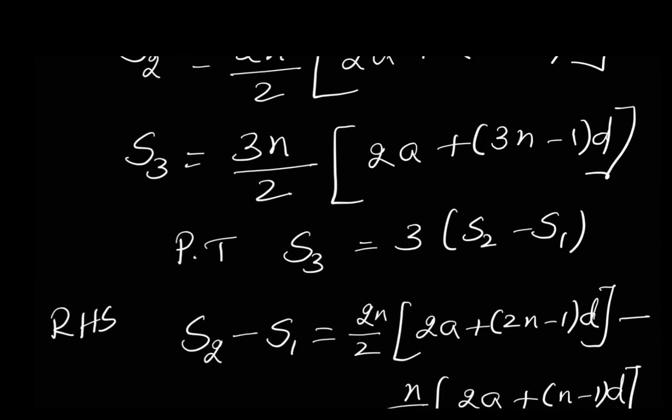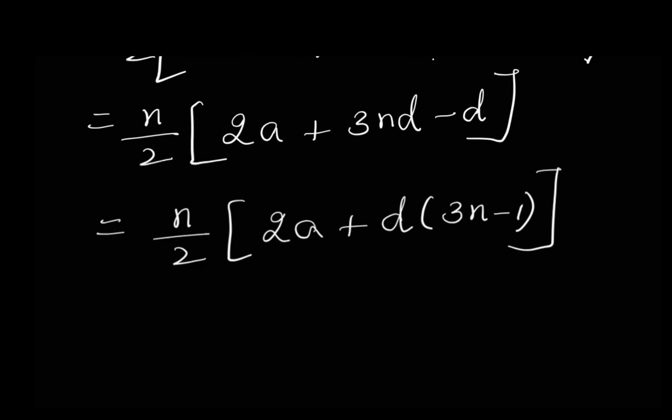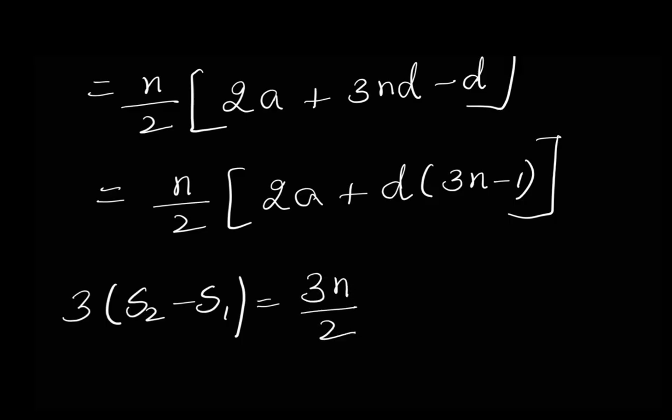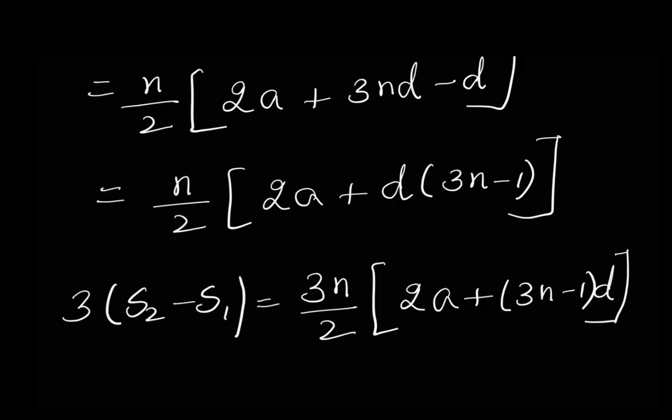Actually the right side term is 3 into (S2 minus S1), so multiply the term by 3: 3n by 2. Write the bracket term 2a plus (3n minus 1) into d.